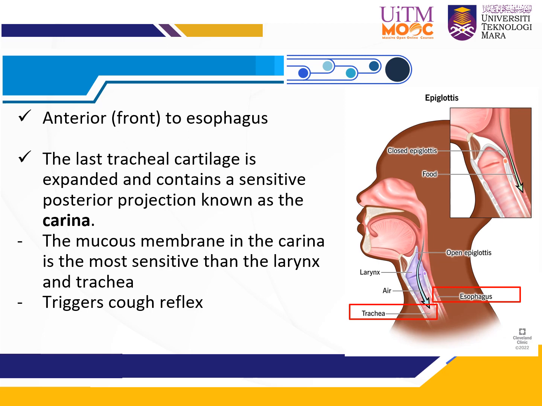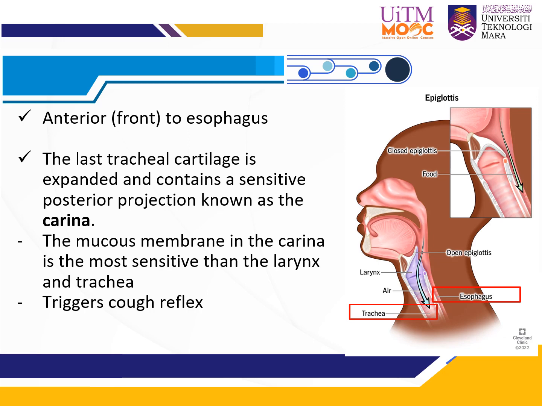Previously in my session, I mentioned the trachea being anterior to the esophagus, or in front of the esophagus. As you can see in the picture, the trachea is in front of the esophagus, and the last tracheal cartilage is suspended and contains a sensitive posterior projection known as the carina.